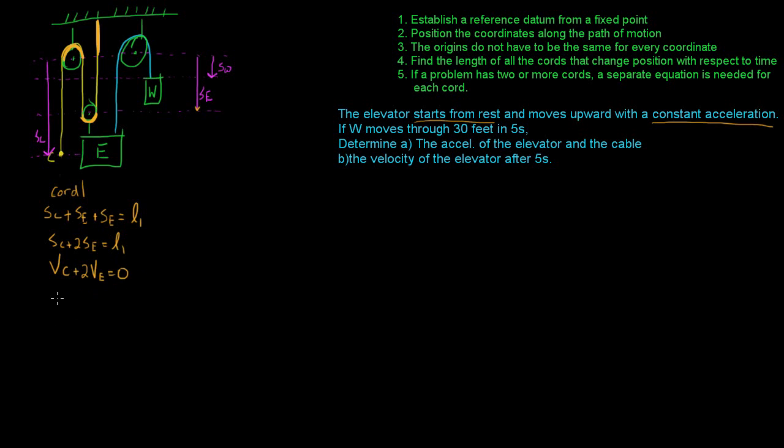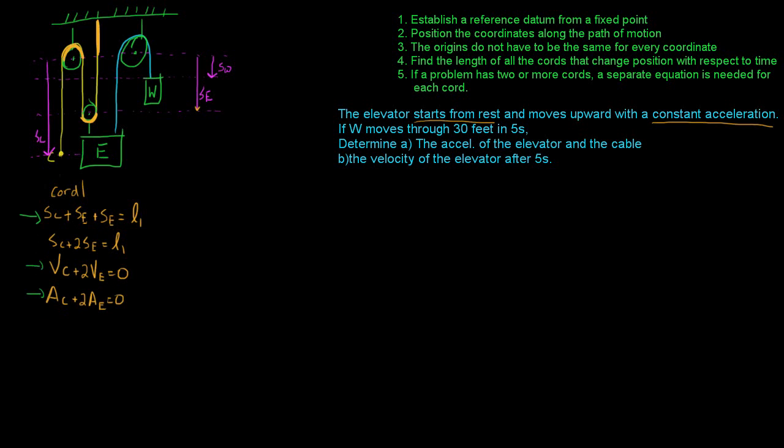And if we take the derivative of this velocity equation, we get the acceleration of C plus 2 times the acceleration of E is equal to 0. And these are our equations for cord 1, right here, and right here.